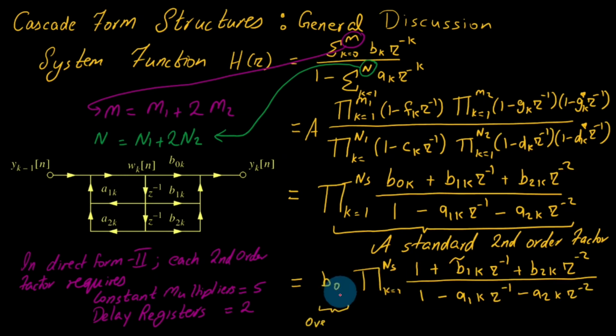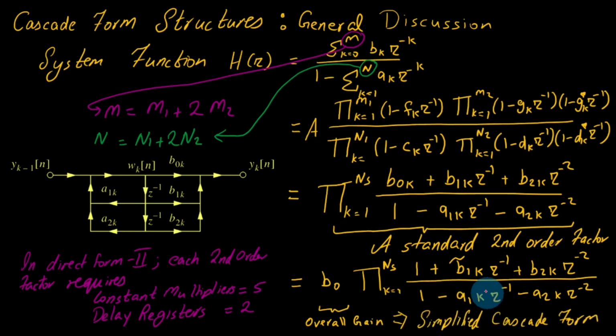This b_0 is the overall gain, and this is a simplified cascade form. Furthermore, b_1 tilde is equal to b_1k by b_0k. Note that this cascade form is not very suitable for fixed point arithmetic, and it is more desired for floating point arithmetic. Now let us move towards parallel form structures.